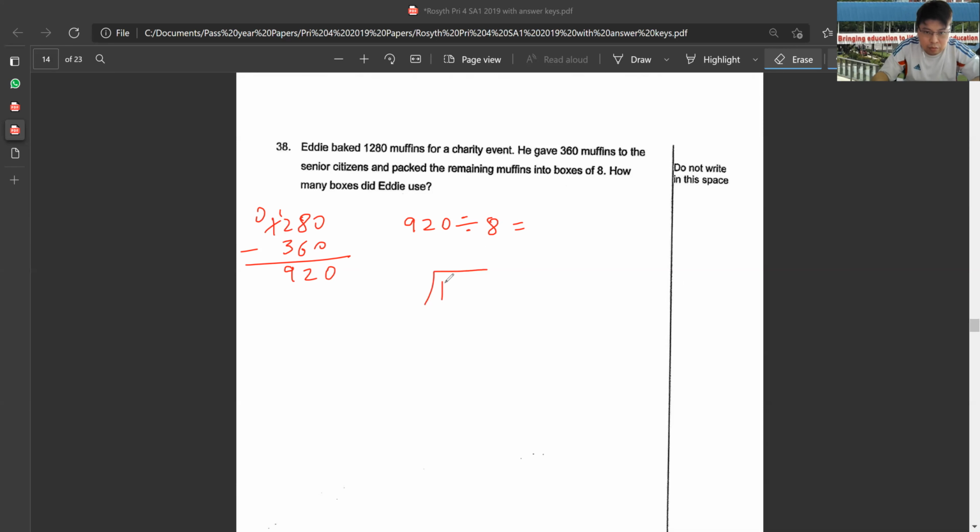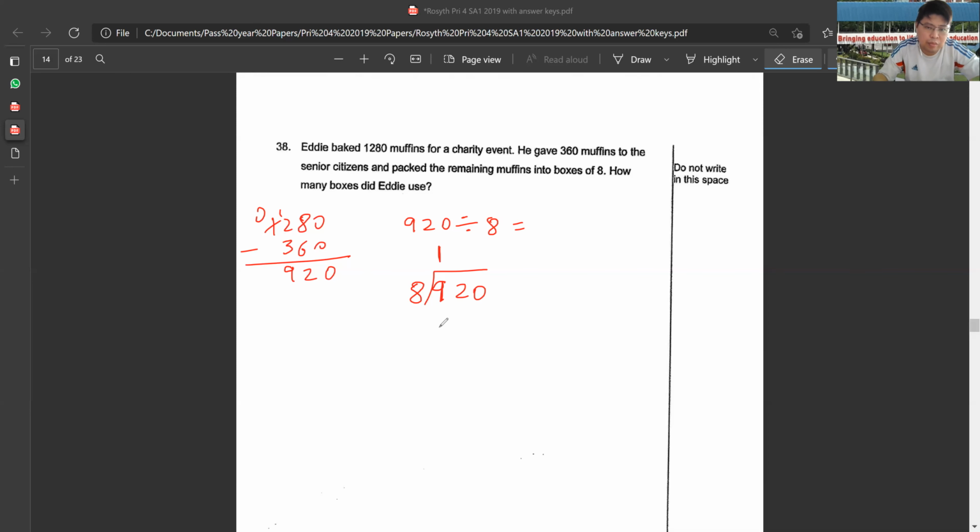Let's do it together. 920 divided by 8. 9 times 8 equals 72? Not times, this is divide. Oh, then equals 1.